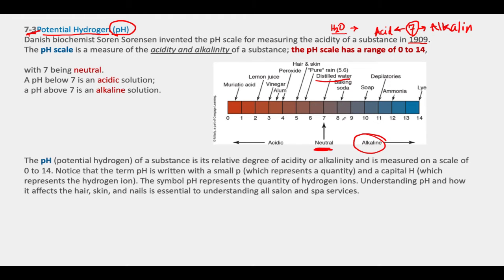Then we see various compounds, baking soda, as we move towards the alkaline, also called the basic or base environment. We see a lot of the soaps, and lye is a very strong form of soap, even ammonia, and baking soda. All these are in the alkaline category.